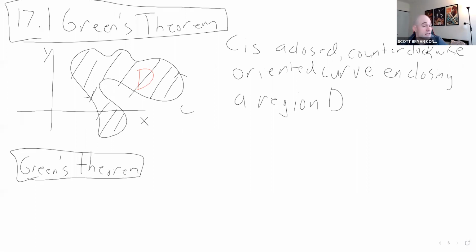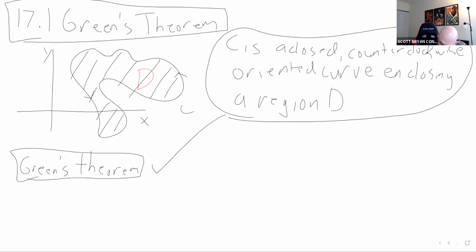So Green's theorem tells us basically what happens if the vector field's not conservative. What do we get? So Green's theorem says, if C is a closed, counterclockwise oriented curve enclosing a region D, then we have the integral.